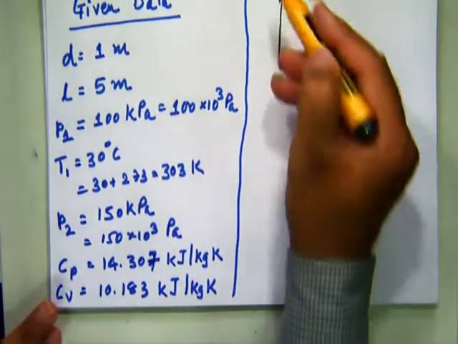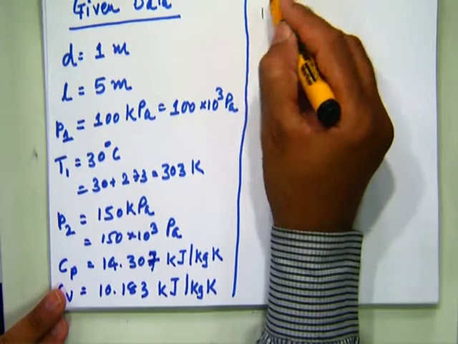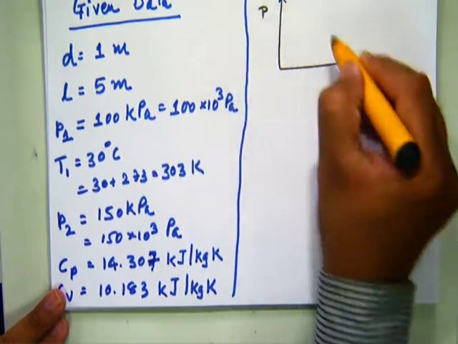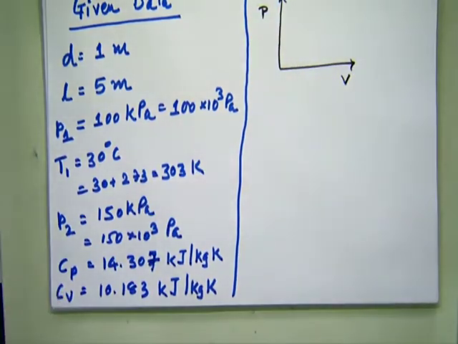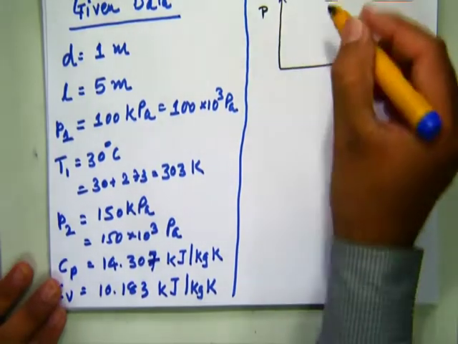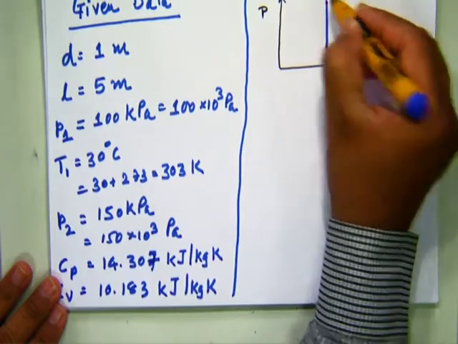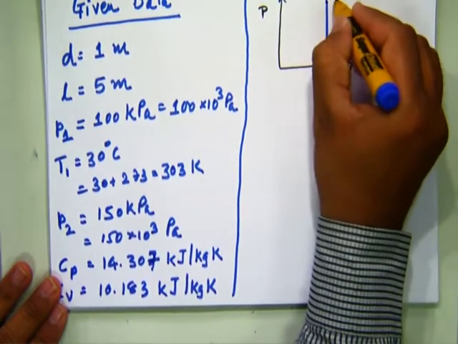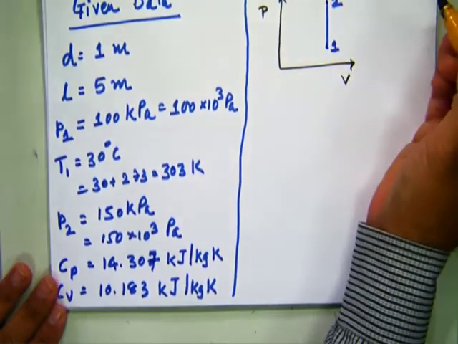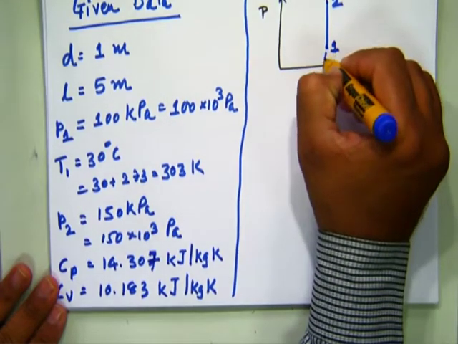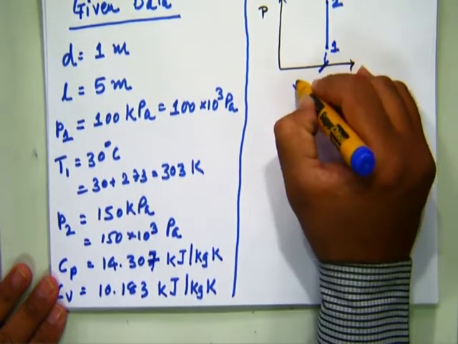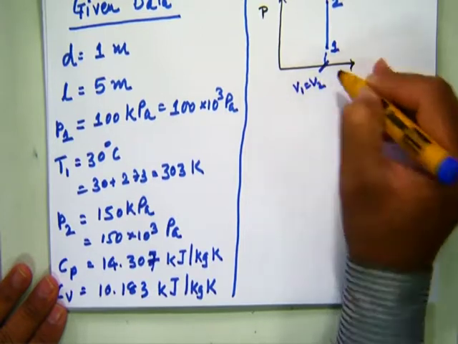This is the pressure volume plot, pressure volume diagram, where the process starts from point 1 and ends at point 2. It is a constant volume process, V1 is equal to V2.